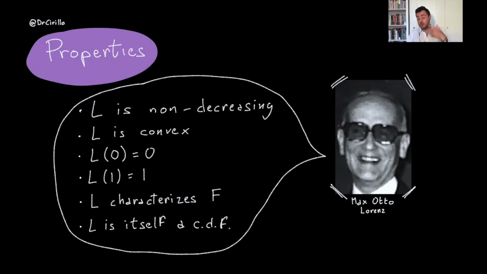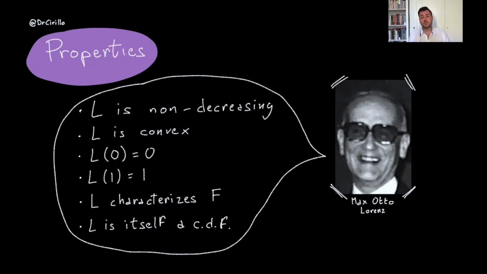And then an interesting thing that should ring a bell for you is the fact that every Lorenz function is a function that starts in 0, ends in 1, is non-decreasing, and essentially represents itself a CDF.